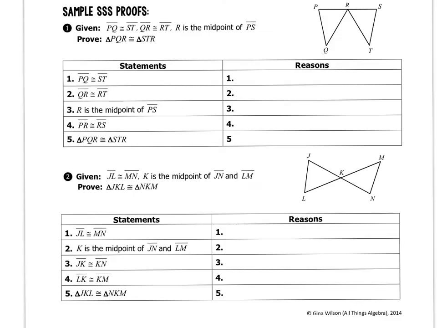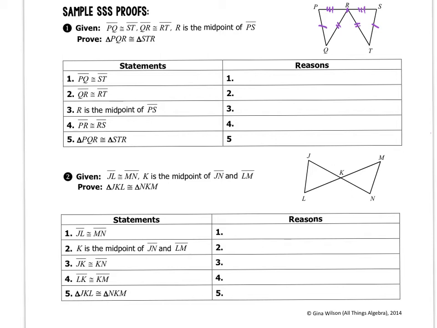So how do we use this? For example, here, it's given PQ is congruent to ST. I highly recommend as you read, you just mark your diagram. QR is congruent to RT. And R is the midpoint. By the definition of midpoint, these 2 segments should be congruent. And I'm asked to prove that these 2 triangles are congruent.